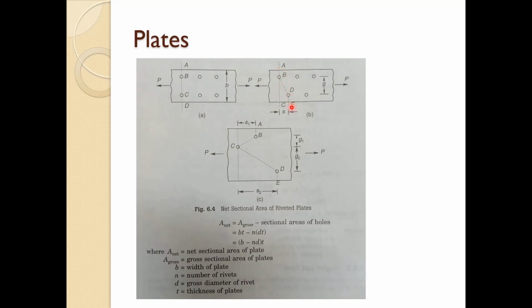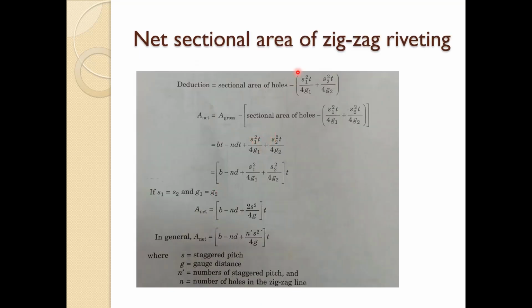So IS 800 recommends the empirical formula suggested by V.H. Cochrane to account for these staggered holes. So here you can see this figure. The area deducted is the sum of the sectional area of all holes in a chain of lines extending progressively across the member, less s square t divided by 4g for each line extending between holes at other than right angles to the direction of stress.